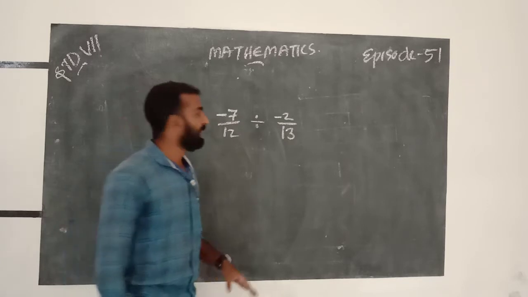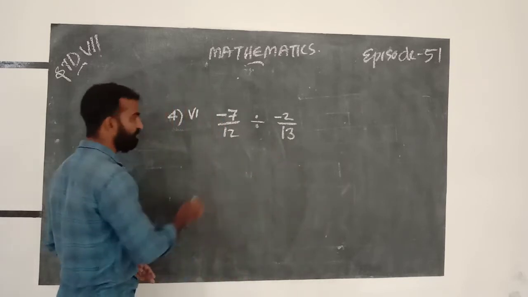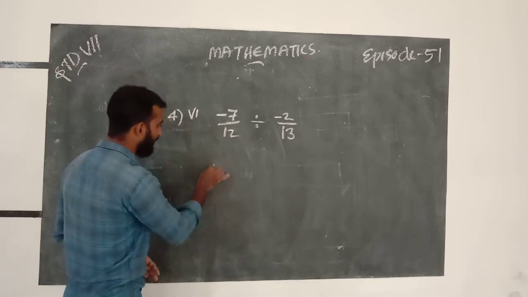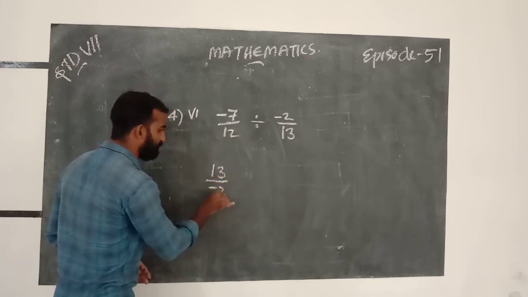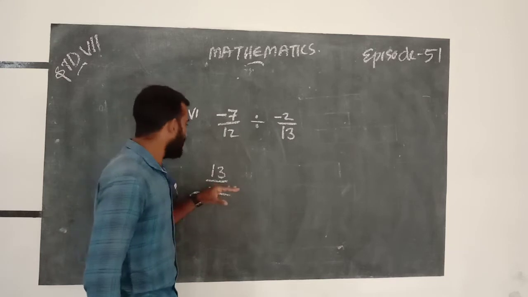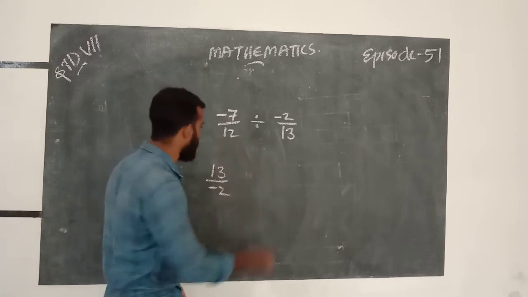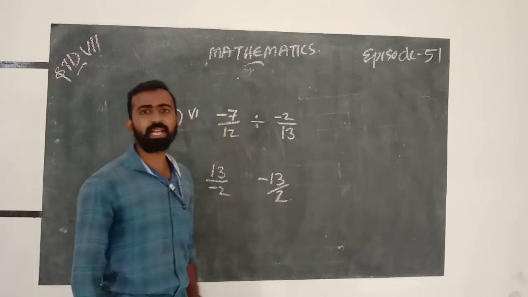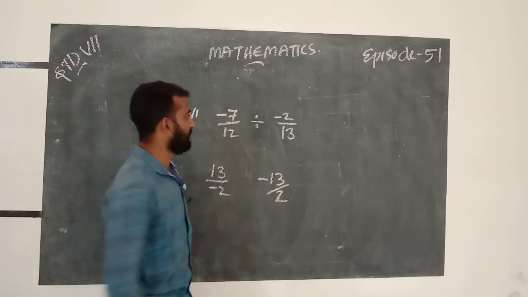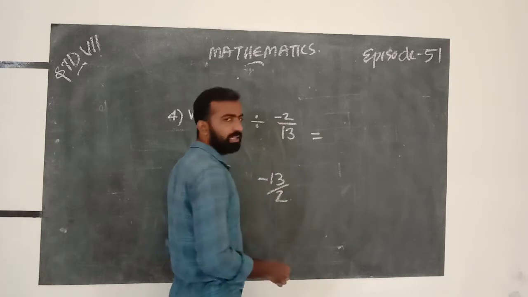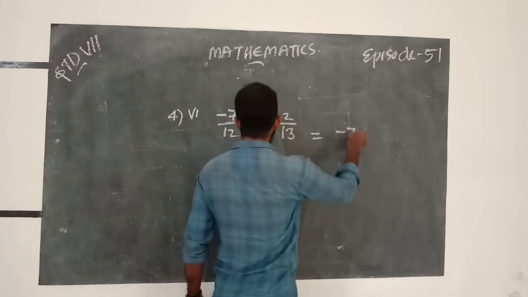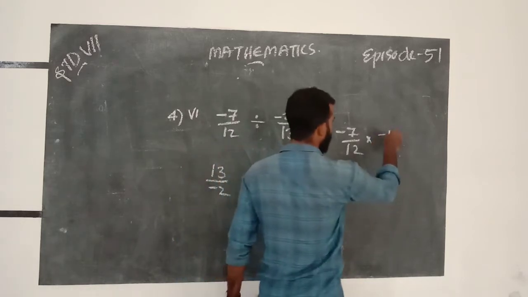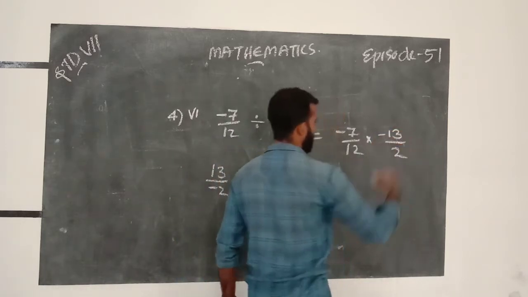Here we take the reciprocal of negative 2 by 13. We get 13 by negative 2, or otherwise we can write it as negative 13 by 2. So we can rewrite it as negative 7 by 12 into negative 13 by 2.